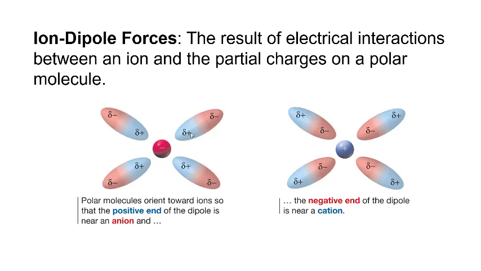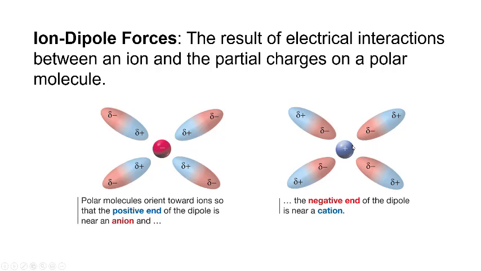This would be, for example, the CH3Cl that we just worked through, which has a dipole moment with a partial positive and a partial negative charge, or water or ammonium. So this would be a lineup of our molecule with a partial positive and partial negative charge, and attraction between the opposite polarity of the ion and the partial positive or partial negative of the polar molecule. If we're talking about H2O, for example, the attraction would be between a negative ion and the two hydrogen side of the H2O molecule, the partial positive side.